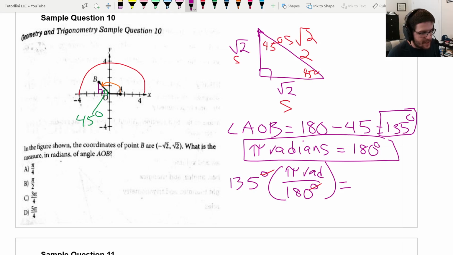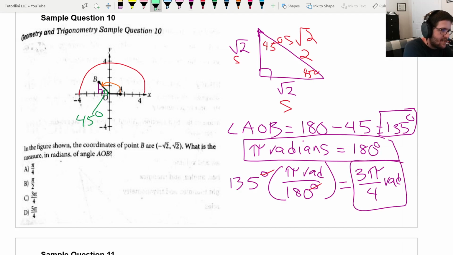You might have an easier time using a scientific calculator because it can handle pi really well. So this would be 3 pi over 4 radians, and that is answer choice C. And for sample question 10, that is correct.